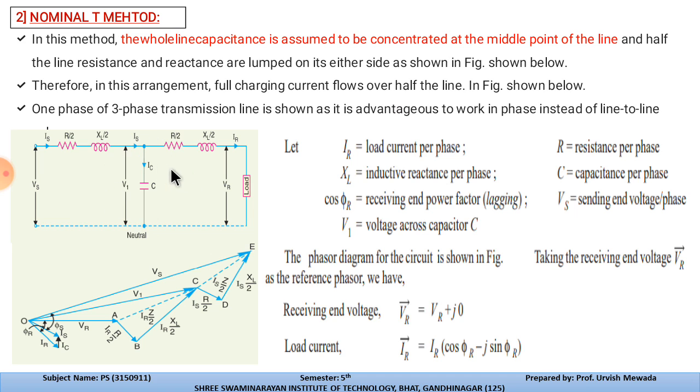One phase of a three-phase transmission line is shown, as it is advantageous to work in phase instead of line to line. That's why we considered one phase and one neutral. This is the phasor diagram for this particular circuit. Let us discuss the phasor diagram first.